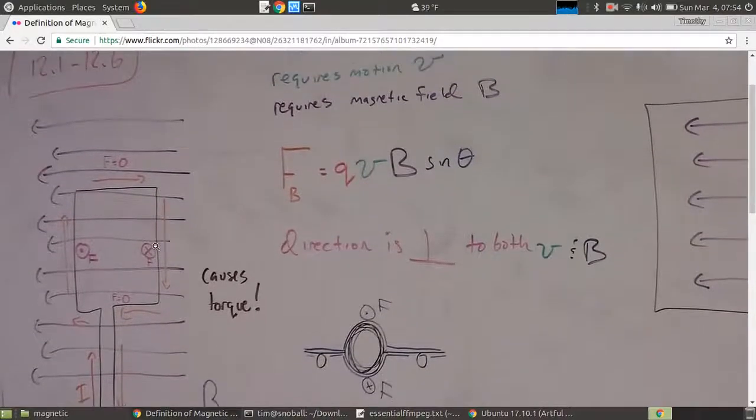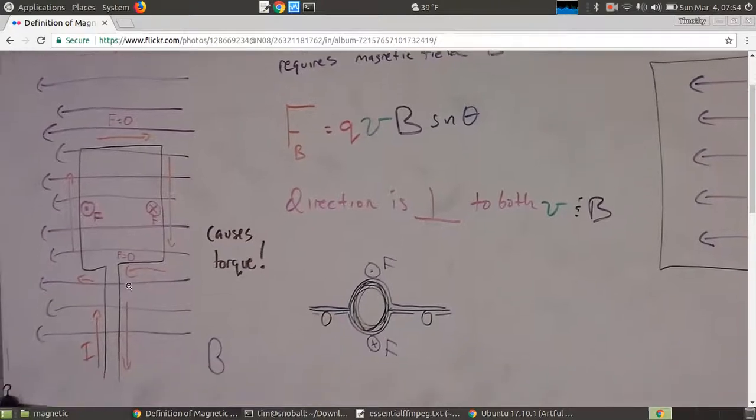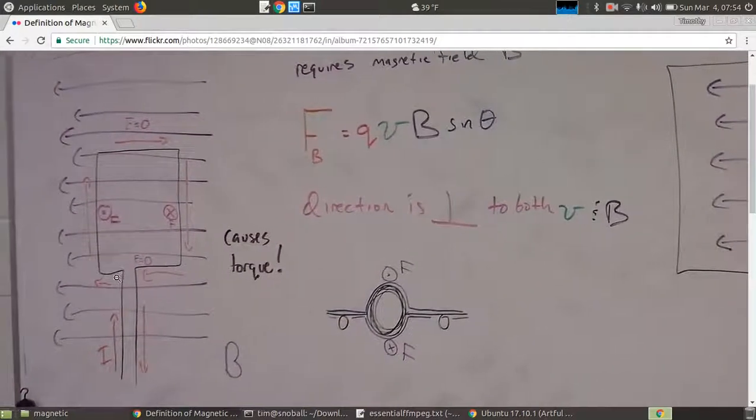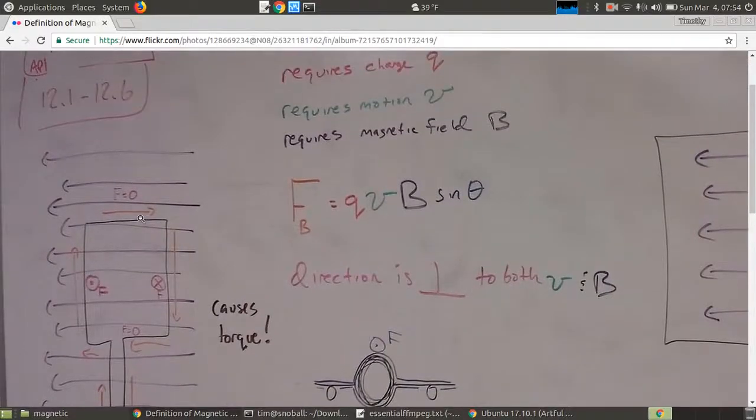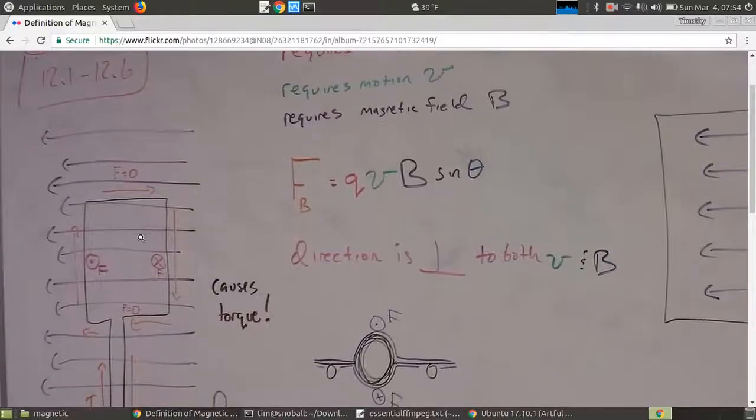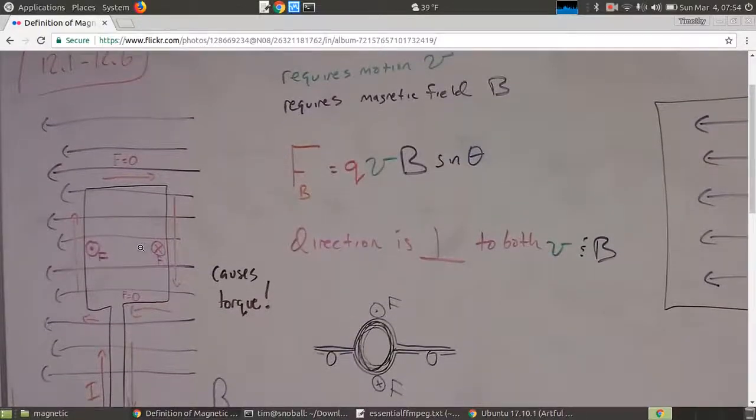So that pushes this wire down. And between that push up on the left and pull down on the right, that causes a torque and it causes the thing to spin. The parts that are in the same dimension as the magnetic field, so here and here, there's no force, so they don't contribute. So that is what makes the thing start to spin.